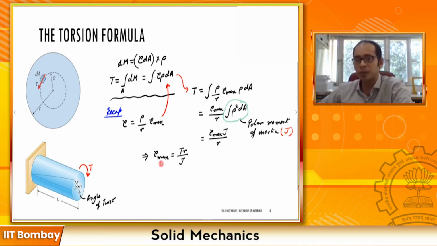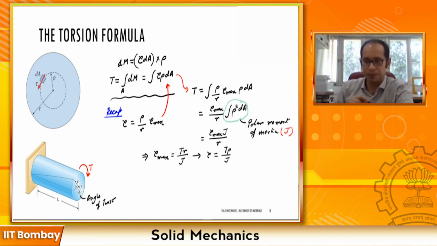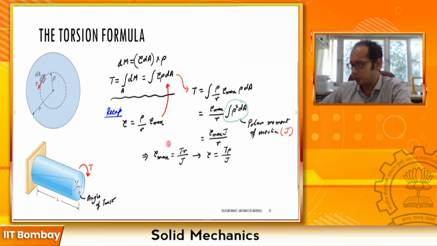Now how will tau be related? Very simple. Tau will also be linearly related with rho. This maximum happens at the outer periphery R, so at any intermediate radius rho, the expression is tau equals T times rho divided by J, right?